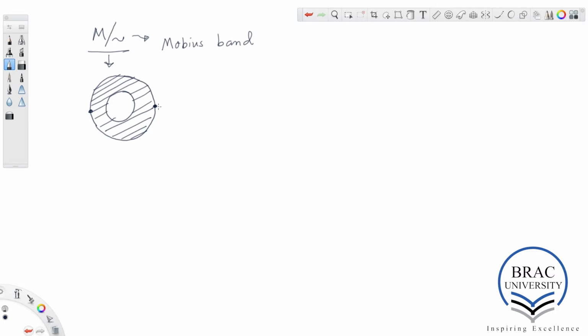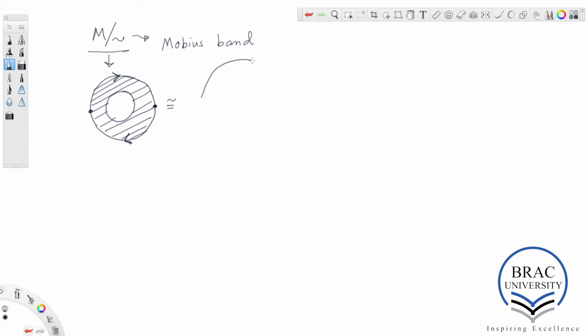This point needs to be identified with that point, diametrically opposite point, and this needs to be identified with this piece. Okay, this guy is the annulus modded out by the equivalence relation of the identification of the diametrically opposite points along the outer circle of the annulus, and this can be identified with the figure that I'm drawing here.